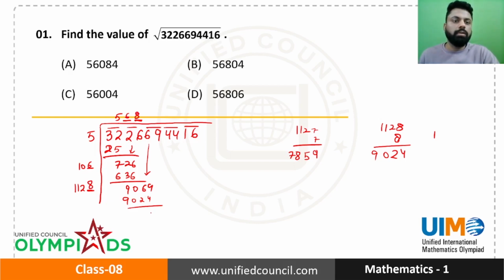So this will become 45. Next pair. 1128 plus 8, 1, 1, 3, 6.